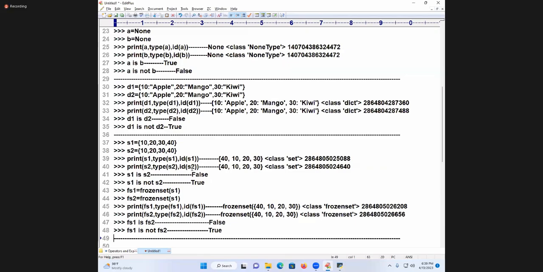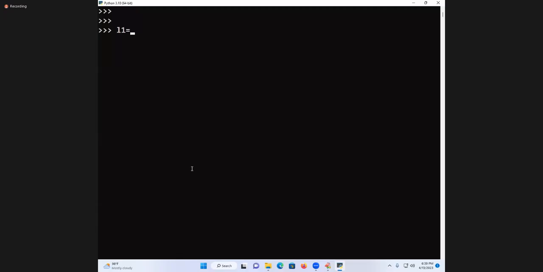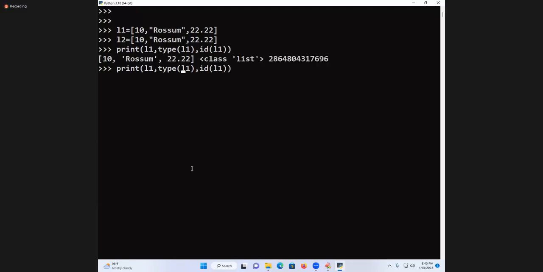I'll go to what? List. Set is over or not? List. L1 is equal to 10, 20, 22. Next L2 is equal to the same. Print L1, type of L1 and ID of L1. Come on, students, answer my question.